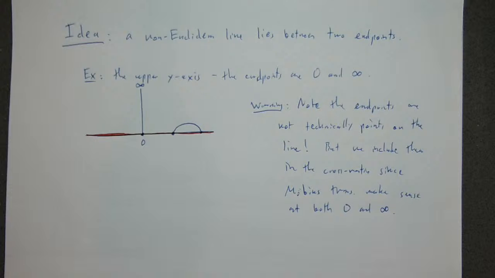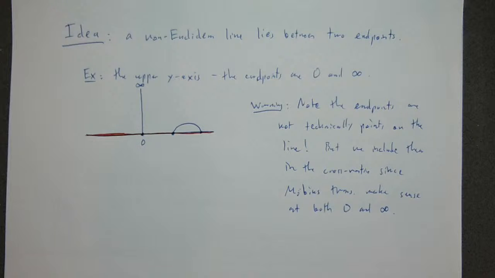So the Möbius transformations apply to all complex numbers, also 0 and infinity. 0 is a complex number, it's got real and imaginary part 0. But Möbius transformations also apply to infinity, we understand.